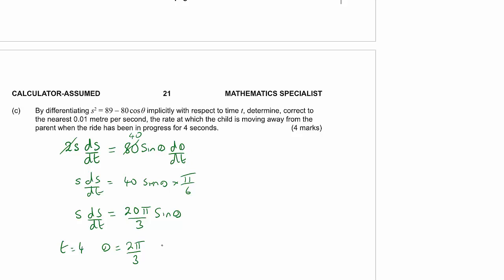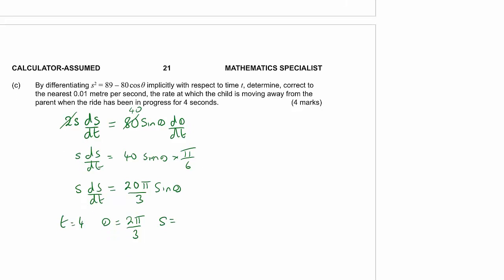And of course, we can also work out s. The cosine of 2 pi by 3 is negative a half. So we'll have s squared is 89, add 40. So s is going to be the square root of 129.